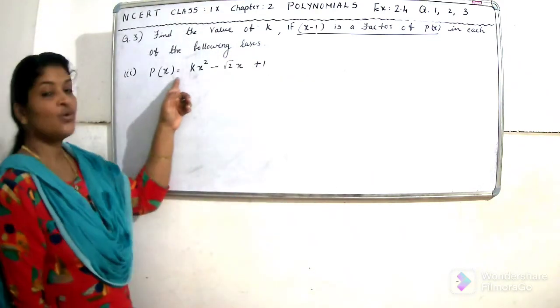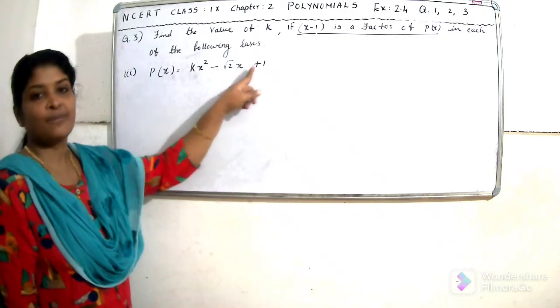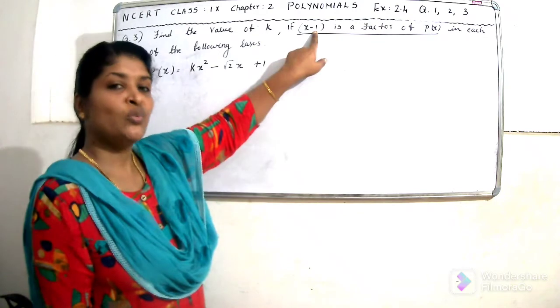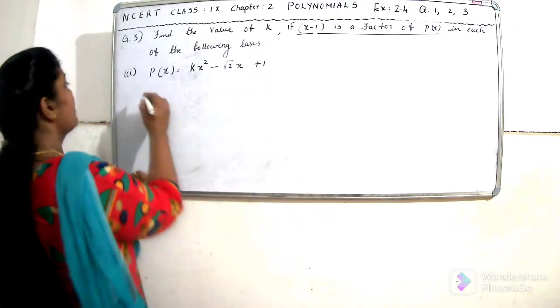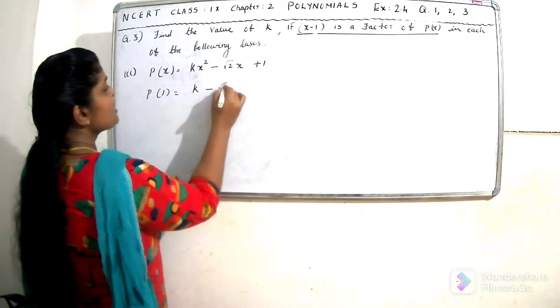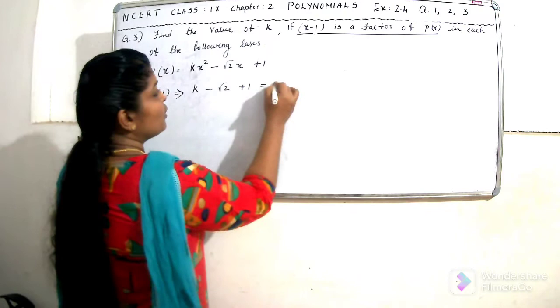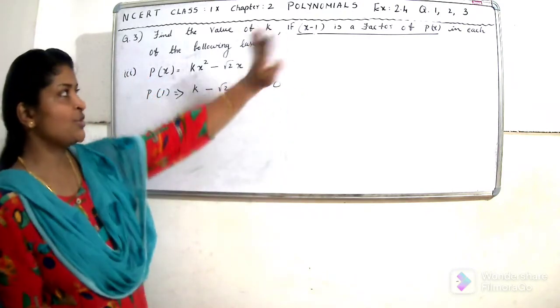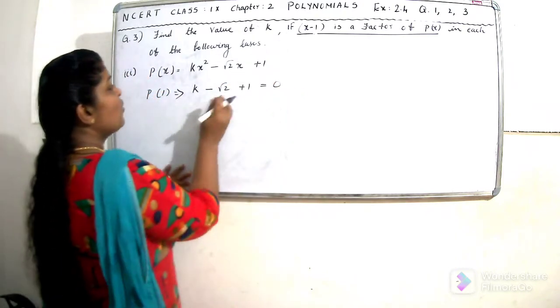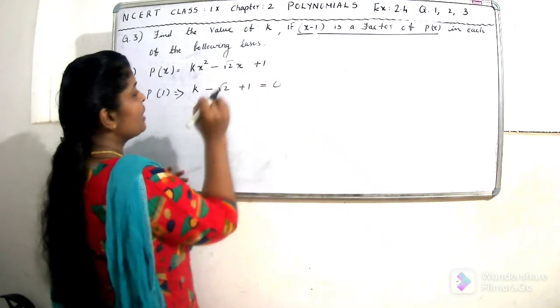p of x is equal to kx square minus root 2x plus 1. The zero of the polynomial is positive 1. So p of 1 is equal to k minus root 2 plus 1, equal to 0, because that is the factor. Now this is negative 2, on the other side it is positive, and this is negative 1.